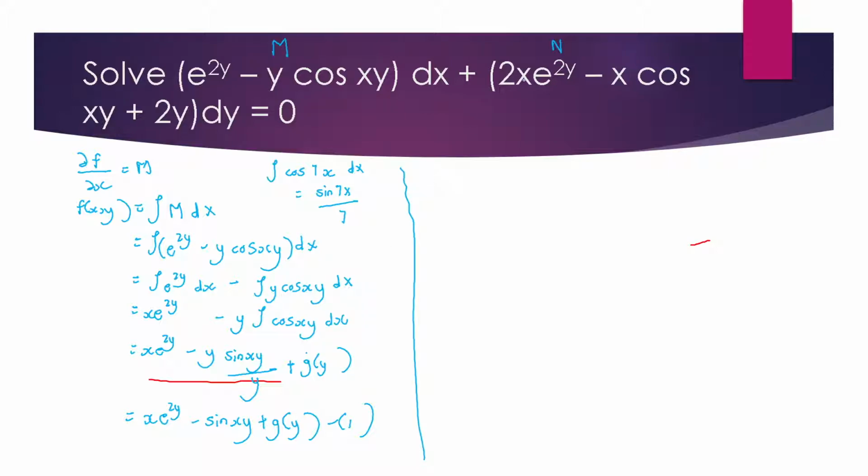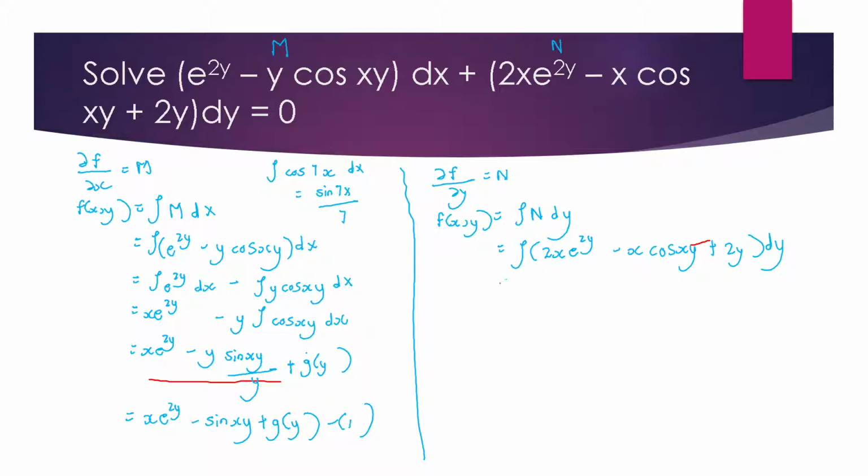And then as we know, ∂f/∂y equal to N. Hence, we can also obtain f(x,y) by integrating N dy. Integrate both sides with respect to y, where N is the coefficient of dy, which is 2x e^(2y) minus x cos(xy) plus 2y dy.